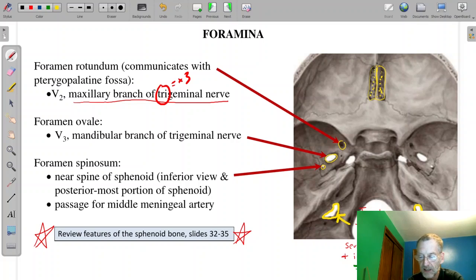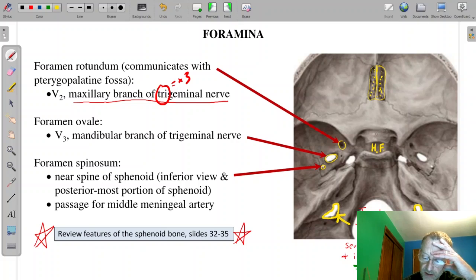You should be able to recognize that. You should be able to recognize the hypophyseal fossa, HF, hypophyseal fossa of the sella turcica.